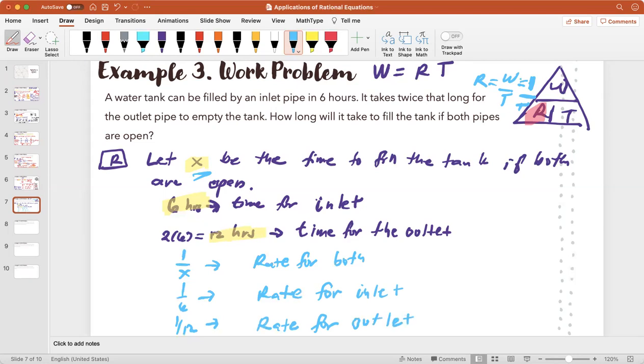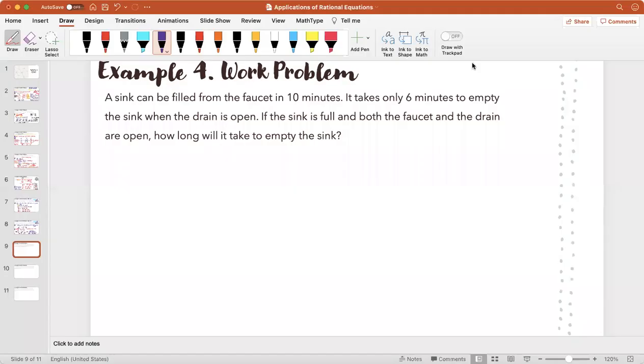Wow, that's just the first step. Okay, let me repeat that. A sink can be filled from the faucet in 10 minutes. It takes only 6 minutes to empty the sink when the drain is open. If the sink is full and both the faucet and the drain are open, how long will it take to empty the sink?